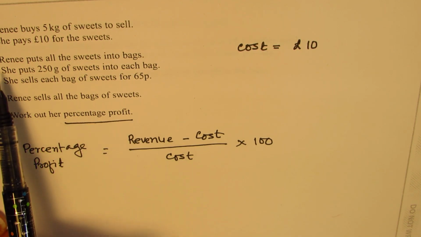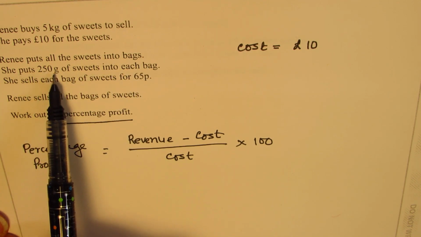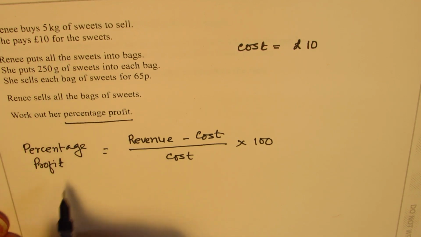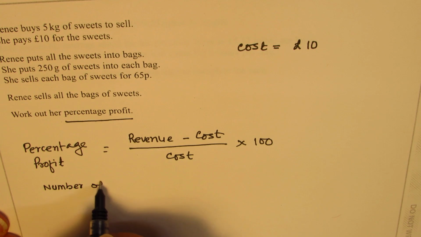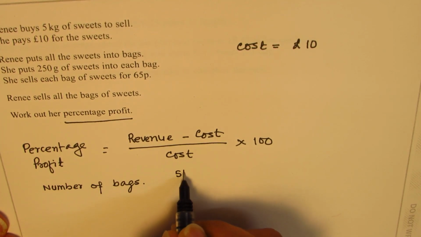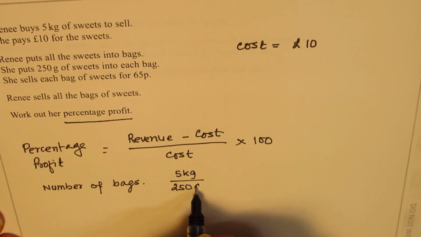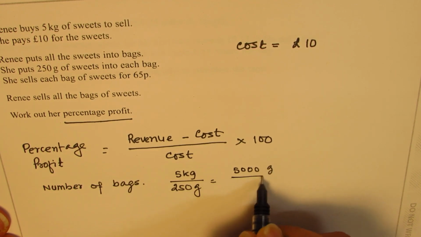Now, from the given condition, Rennie puts all the sweets into bags. She puts 250 grams of sweets into each bag, right? So basically, we have to first find the number of bags. So we have 5 kg divided by 250 grams. Now 5 kg means 5,000 grams divided by 250 grams.